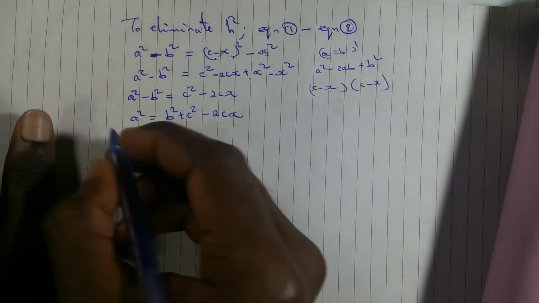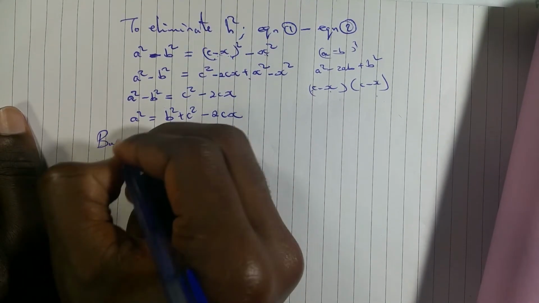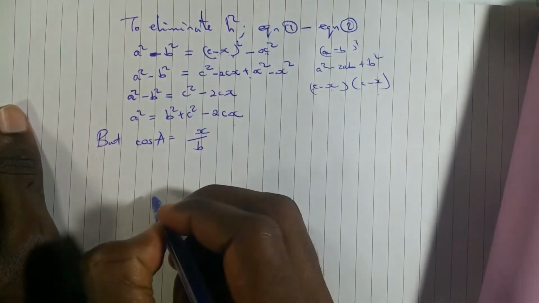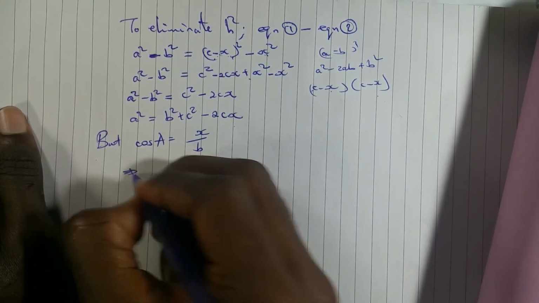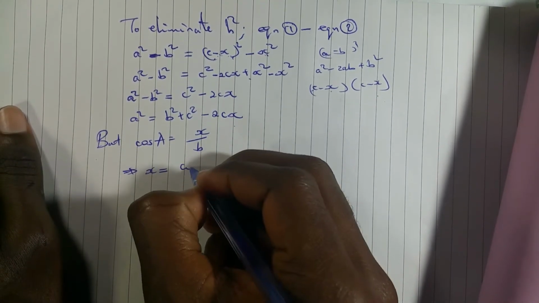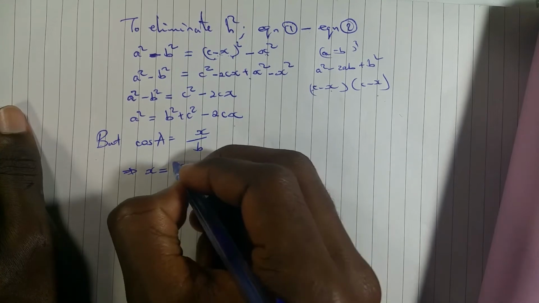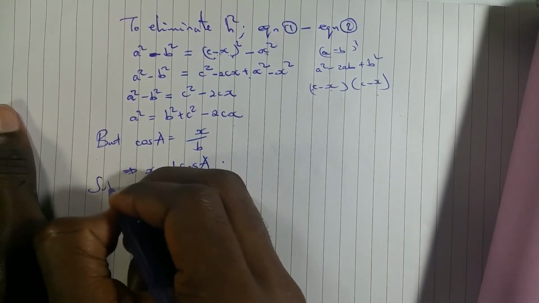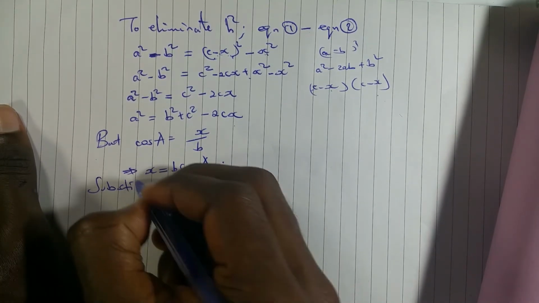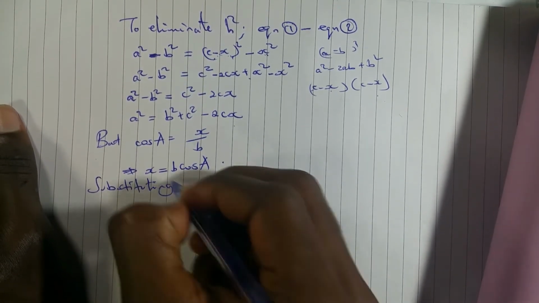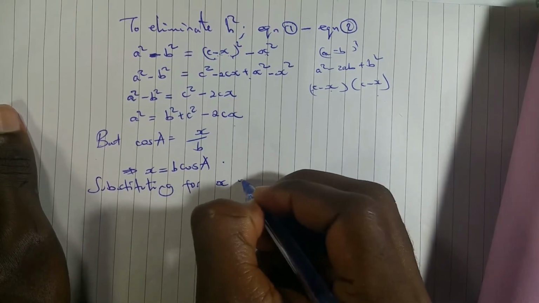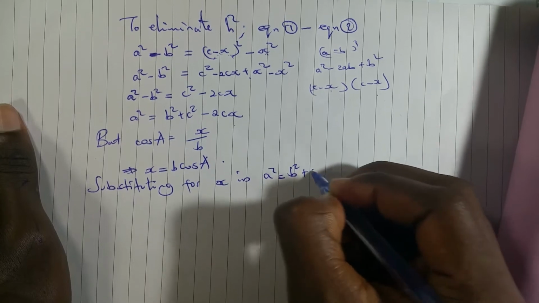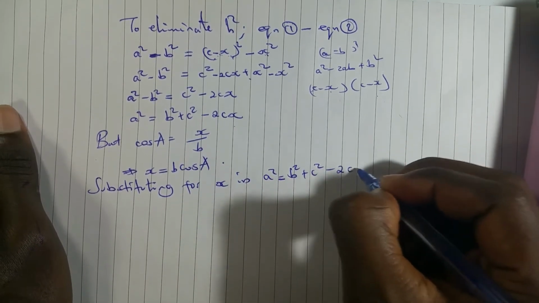So cos a is given by x out of b, which implies our x is given by b cos a. Okay, substituting for x in a squared equals b squared plus c squared minus 2cx.